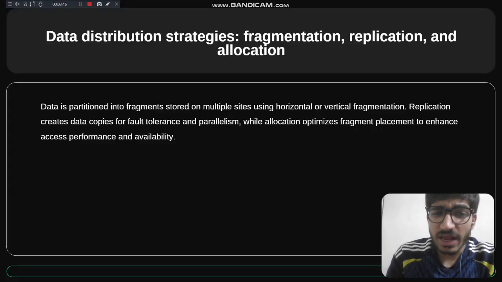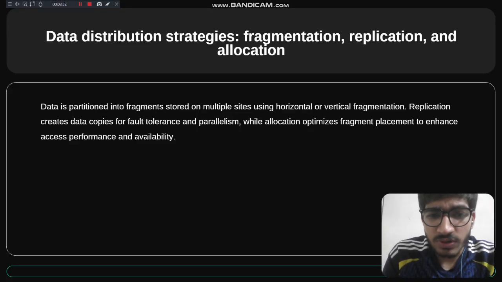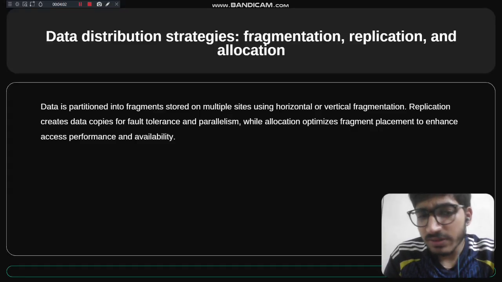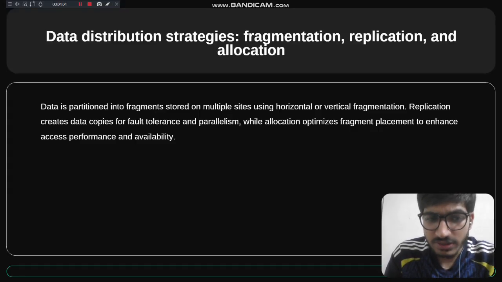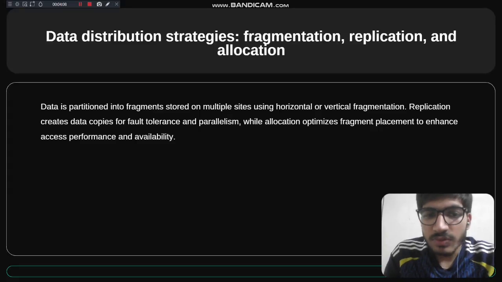First is client-server architecture. In this model, data is stored in one or more server machines. Users access data by sending requests. There is a clear separation. Clients make requests, and the server processes and returns results.